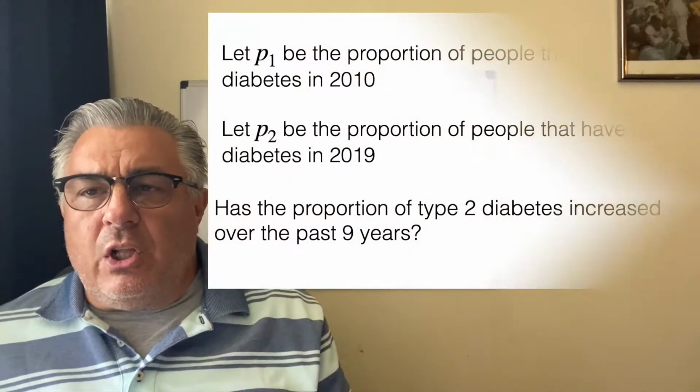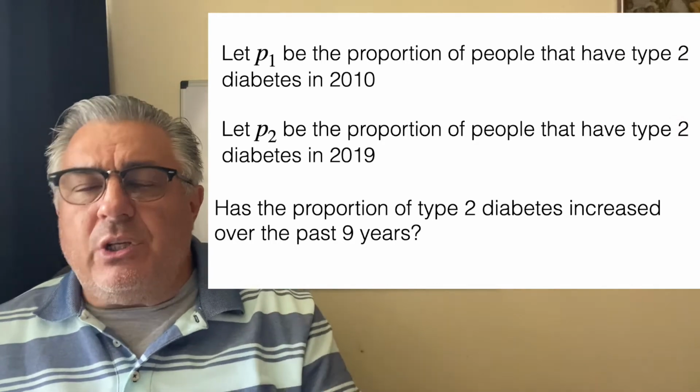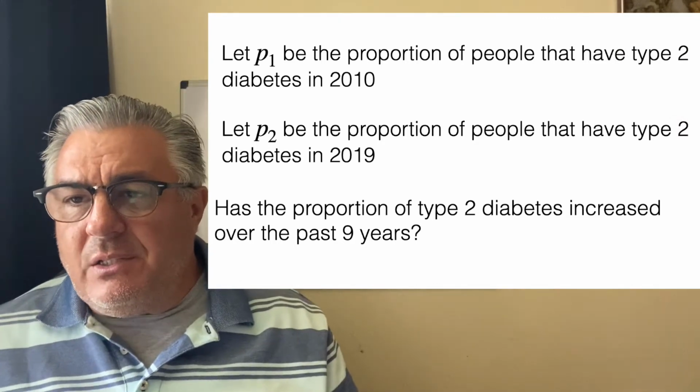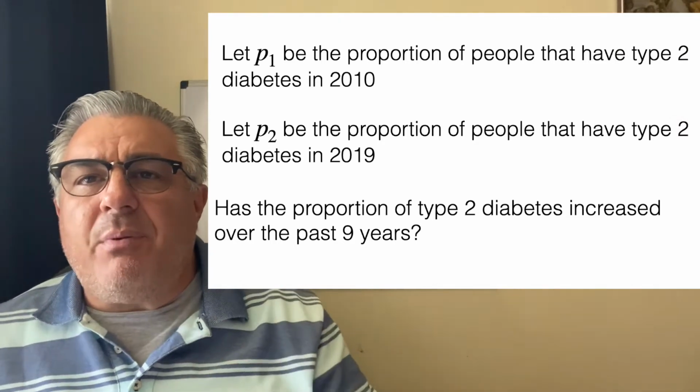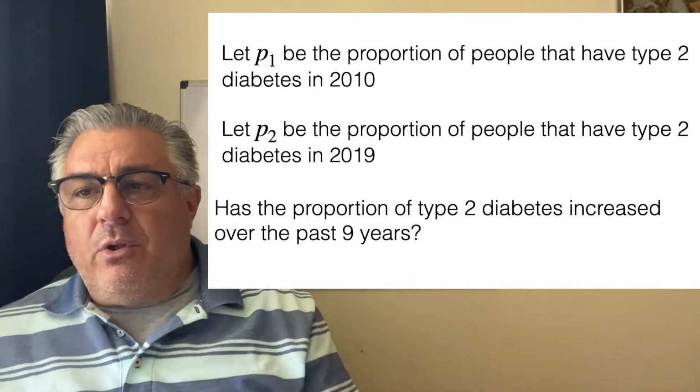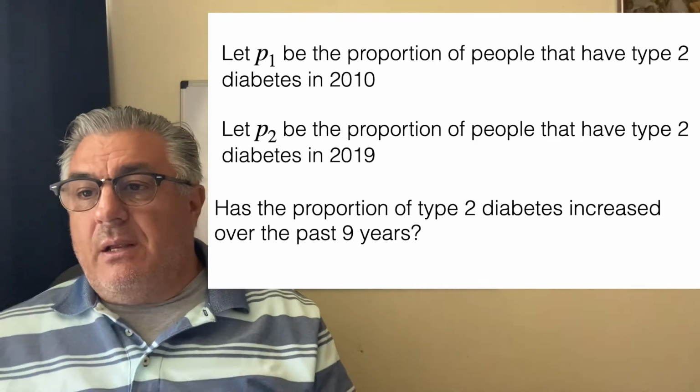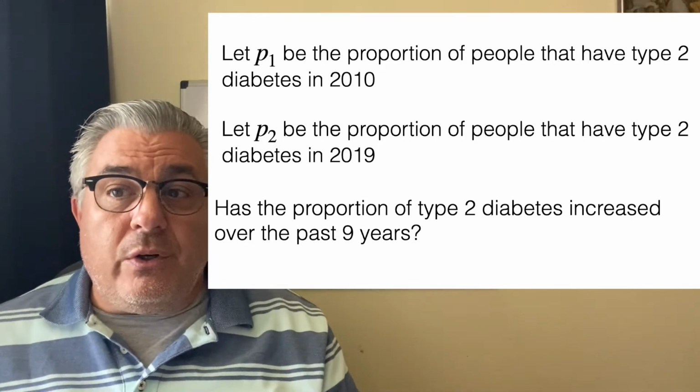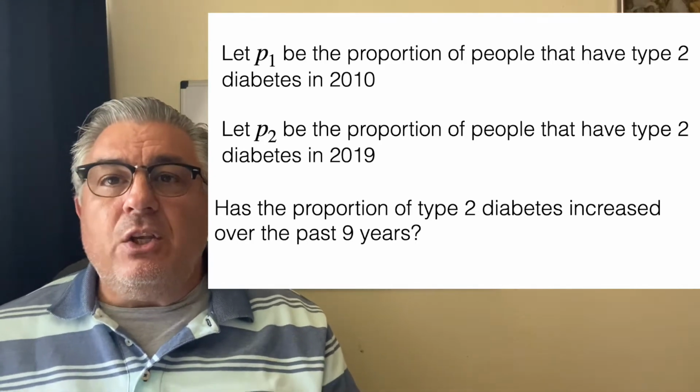Now we have to go back and take a look at our research question. Our research question is along the lines of, has the proportion of the population of people that has type 2 diabetes increased over the past 9 years? Note that this research question needs to be phrased accordingly.